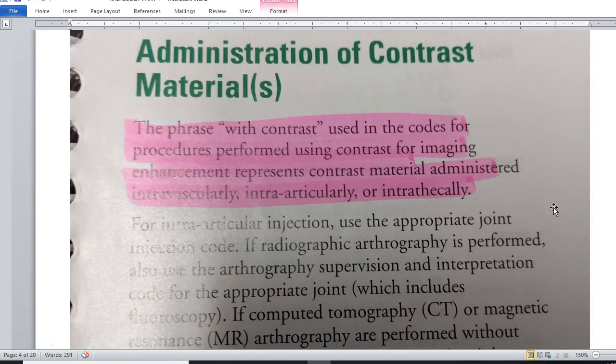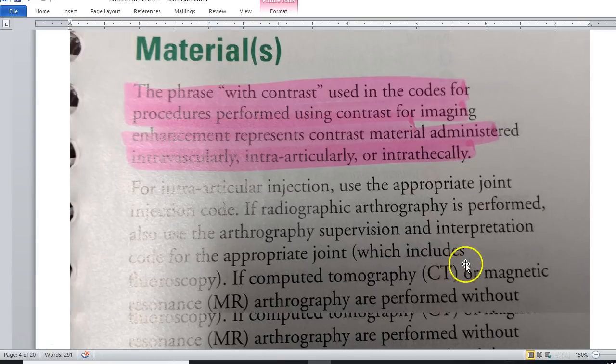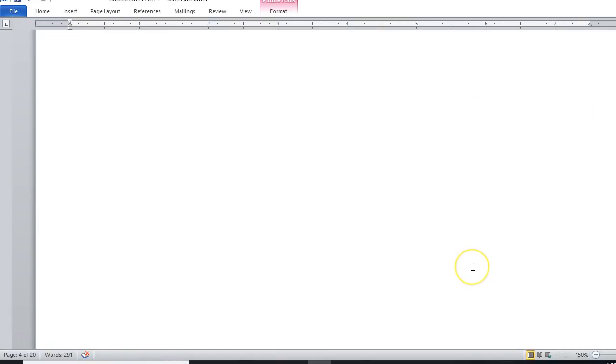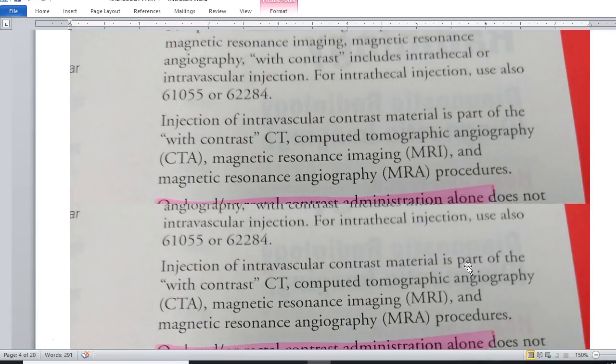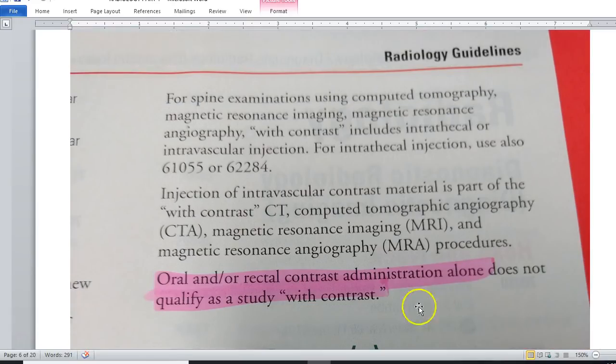But you'll notice these are all injections. For it to be contrast, it must be injected. And how do we know that? I will show you. At the top of the next column, it says right here, oral and rectal contrast administration alone does not qualify as a study with contrast.